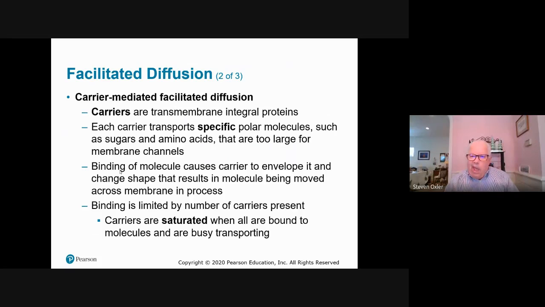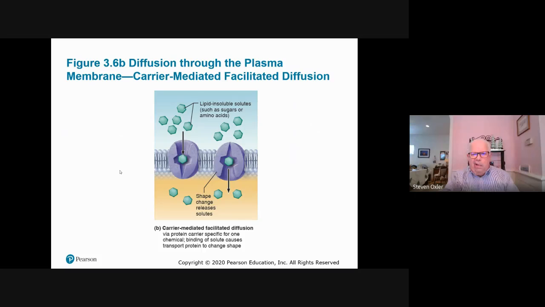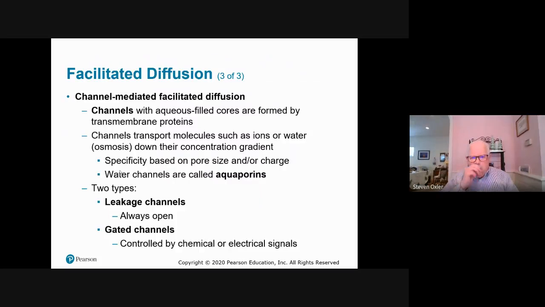Well, here they are. Integral proteins are the carriers in carrier-mediated facilitated diffusion. They bind molecules, they envelop them, they change shape, and that results in a molecule being moved across the membrane in the process. Carrier-mediated facilitated diffusion. Okay?